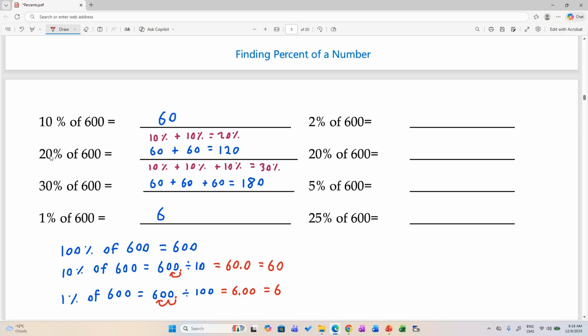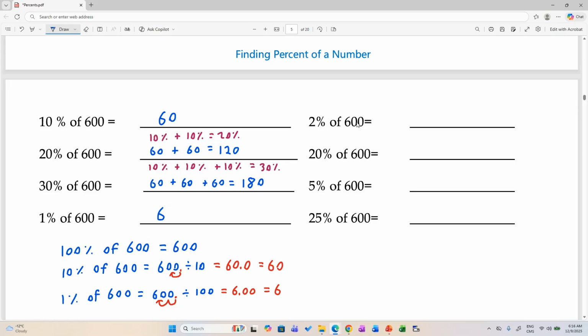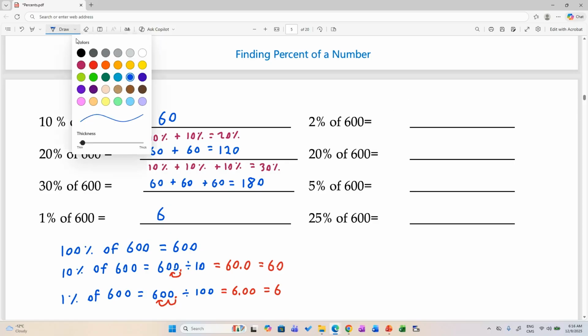I believe for finding percents of a number, if you know how to find 100% of that number, 10% of that number, and 1% of that number, you should be able to figure out the rest. Now, let's move on and find 2% of a number. So 2% of 600, well, same idea here.